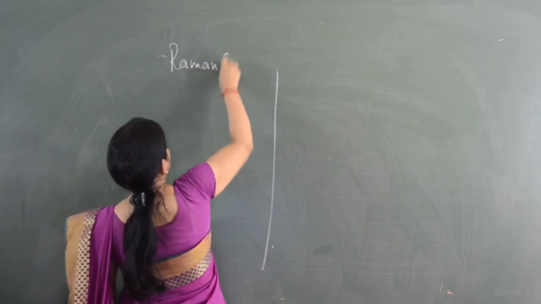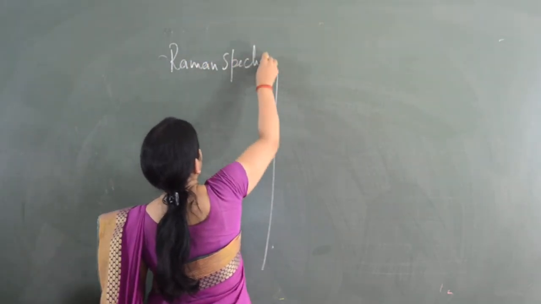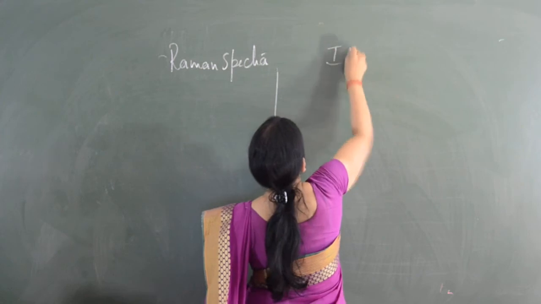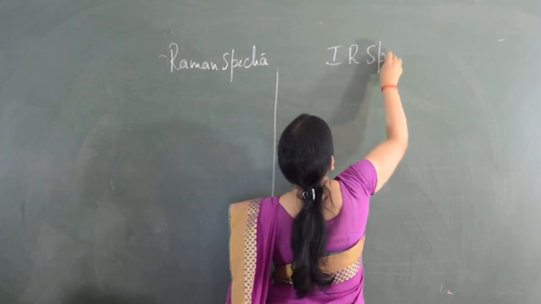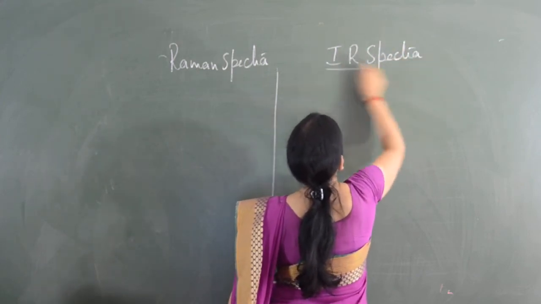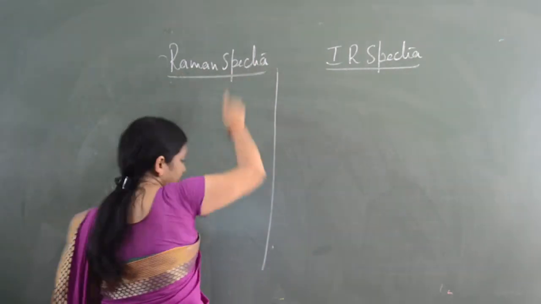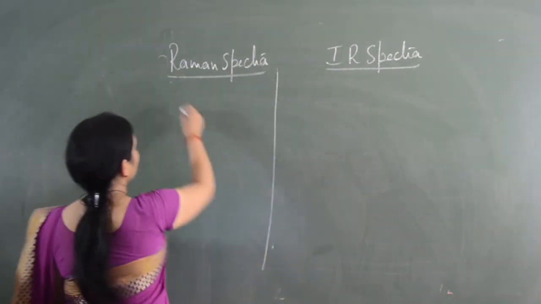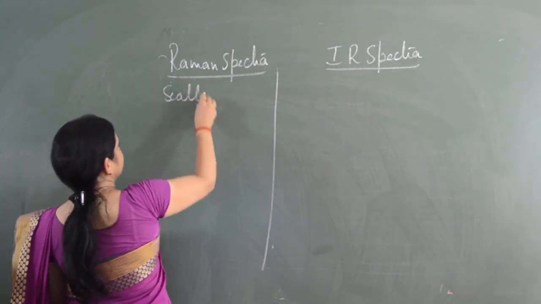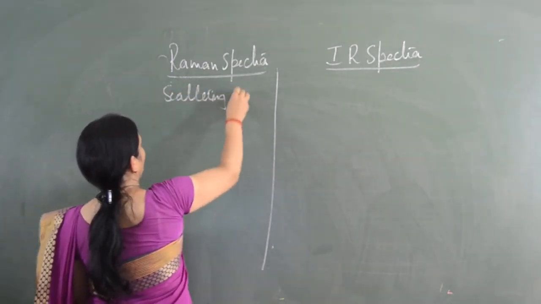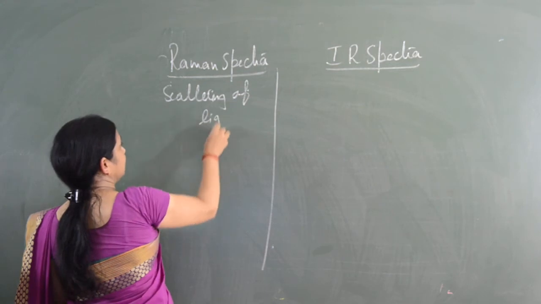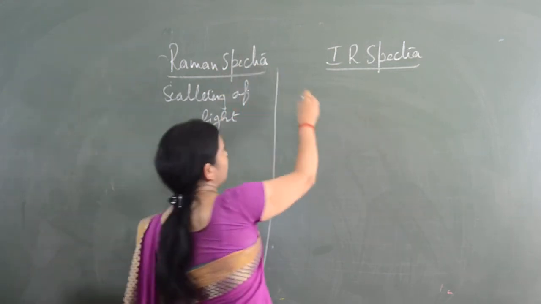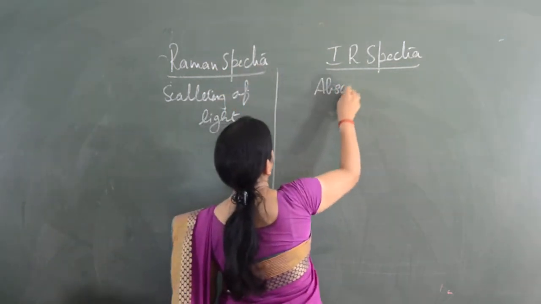So if we discuss the difference between Raman and IR, this is Raman spectra and we have IR spectra. Now Raman spectra deals with scattering of light, whereas IR spectra deals with absorption of light.